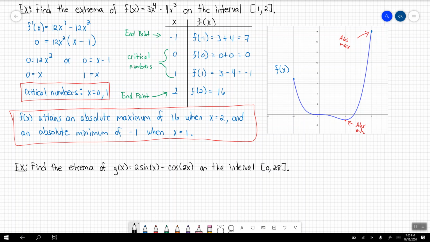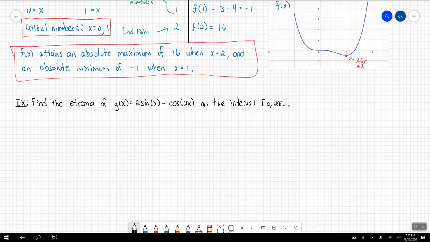All right, so again, we have to go through the whole process once again. In order to find these critical numbers, we have to take the derivative. So let's take the derivative here. Finding g prime of x, taking the derivative of 2 sine of x will get us 2 cosine of x, plus, this is because the derivative of cosine of 2x will get us negative sine of x, so negative sine of x times this minus sign would get us a positive.